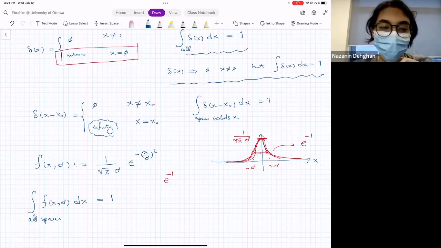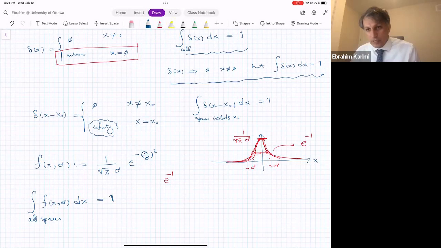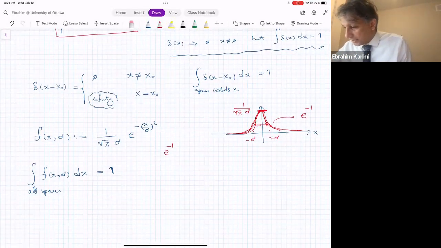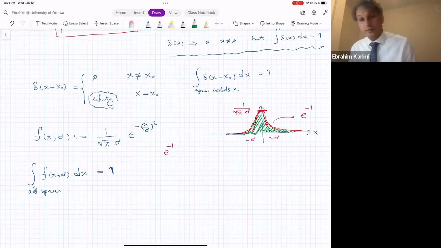Yeah. So this function has the property that the area here is always equal to 1, independent of the value of sigma. That's the property of this function.